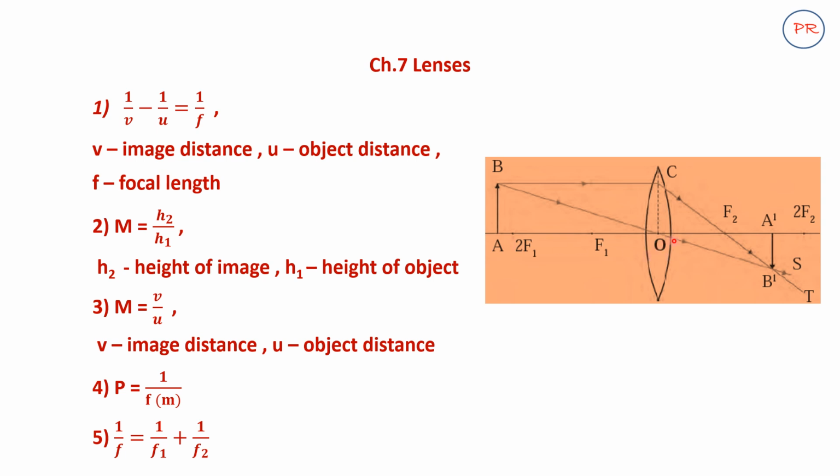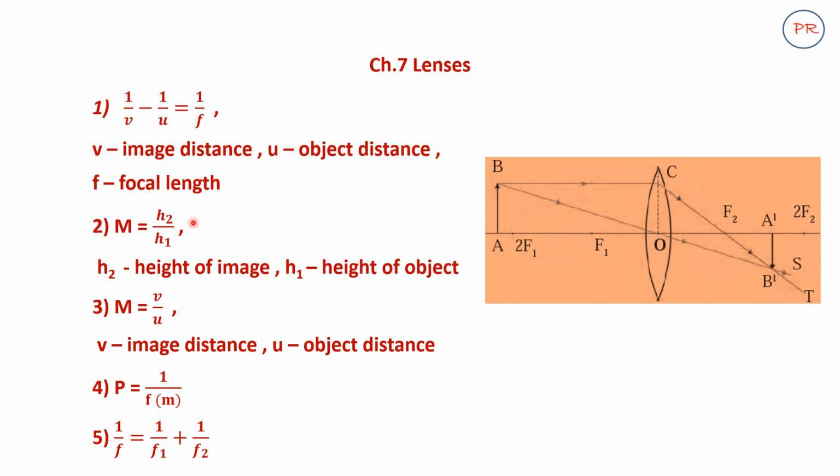The distance of the image from O is called the image distance. The first formula is 1/v - 1/u = 1/f, where v is the image distance, u is the object distance, and f is the focal length.